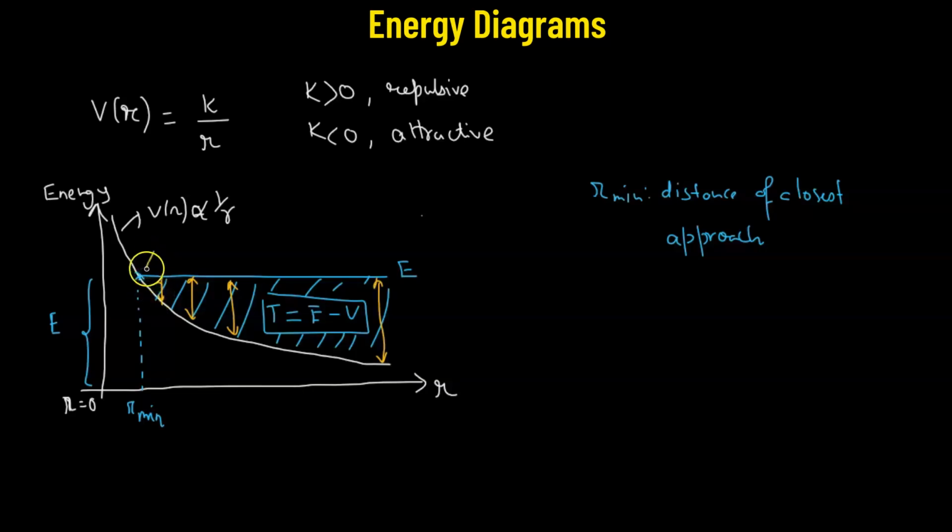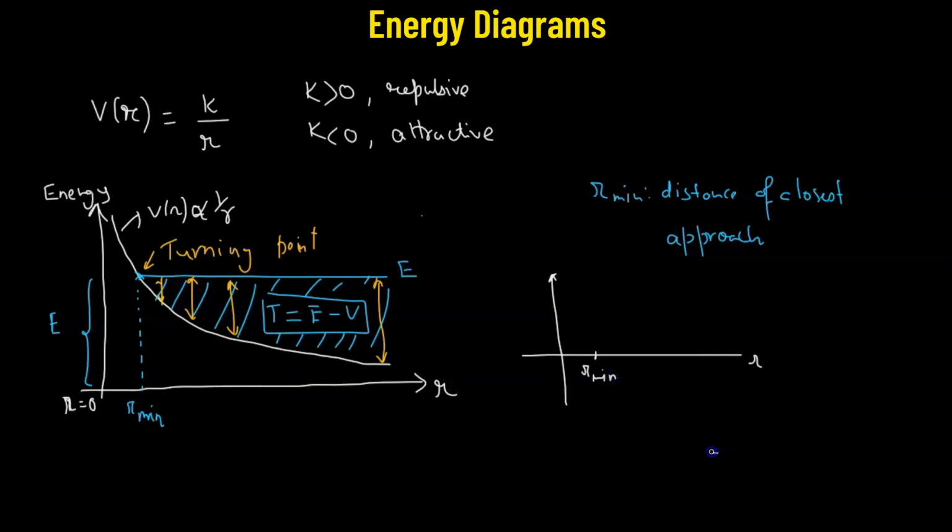So this is the turning point, and when the particle reaches this turning point, it is going to reverse its motion and then again move towards infinity. Now if we try to trace the trajectory of the system, let's say this is our position R. So here we have R min, which is the distance of closest approach.